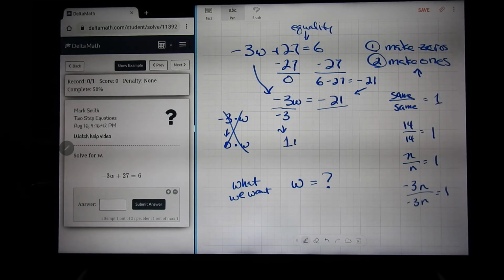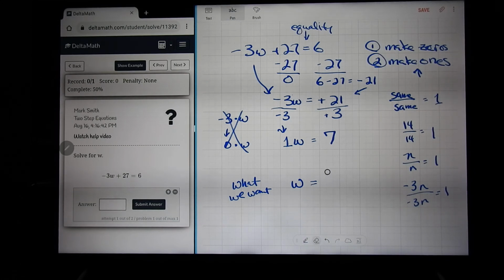So now we have 1w equals, our equality says do it on both sides. So we have negative divided by a negative, which turns this into a positive, and 21 divided by 3 equals 7. So our answer is 7 there. And now we have 1w equals 7, which is what we wanted.